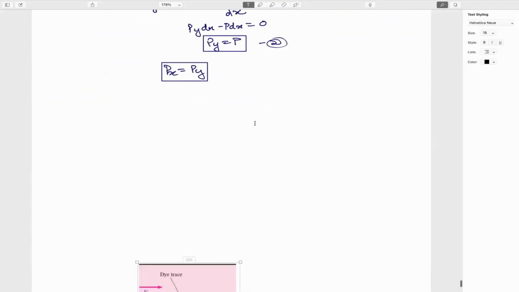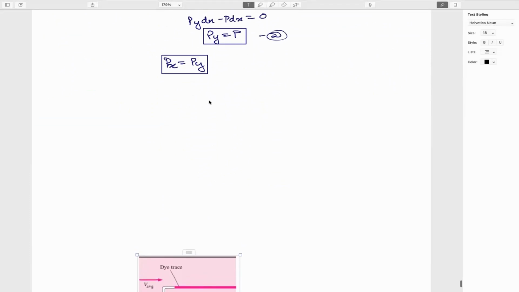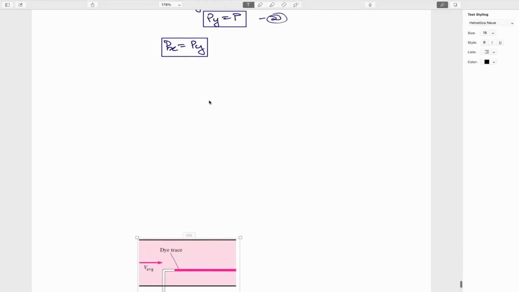Then we'll go to fluid dynamics. So before ending fluid statics, I want to discuss one very important question, and then we end our discussion on fluid statics and move forward to fluid dynamics.